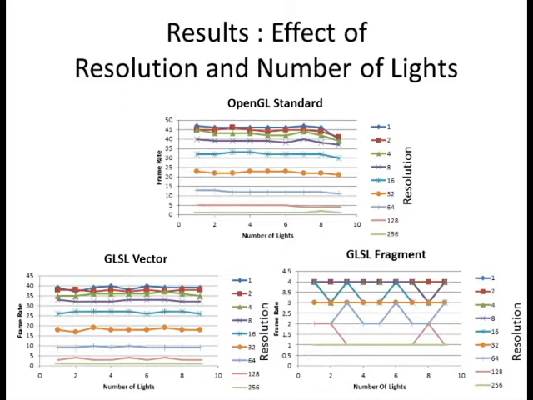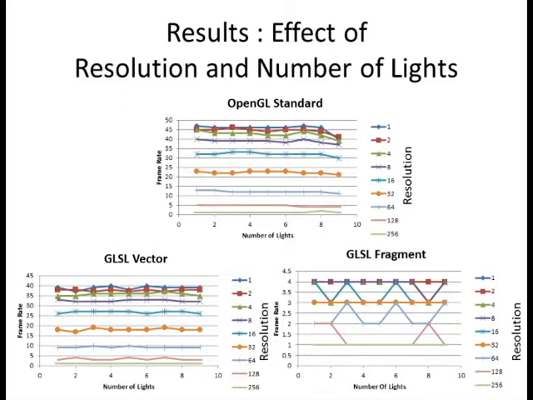Also notice that the maximum frames per second for the OpenGL standard is the highest, followed closely by the per vertex shader, but the per fragment shader is actually really far down. It's really slow. Also notice that the OpenGL standard seems to be the only one that is affected by the number of lights.